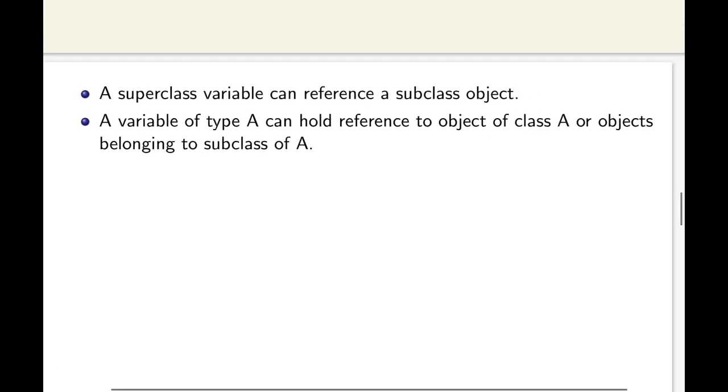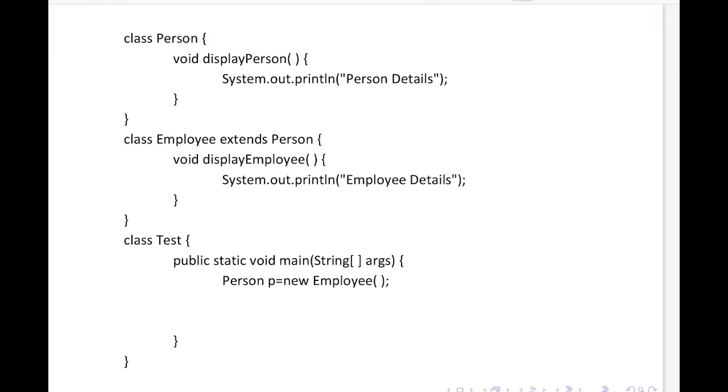Or we can say like this: a variable of type A can hold a reference to an object of class A or objects belonging to a subclass of A. Now consider this class person, and it has only one method, display person, and inside display person we are just printing person details.